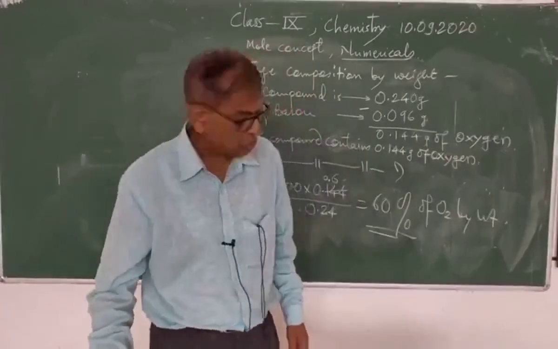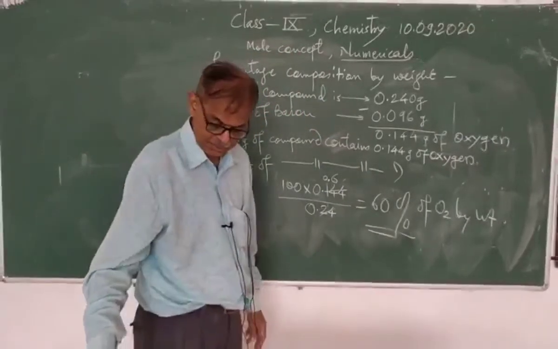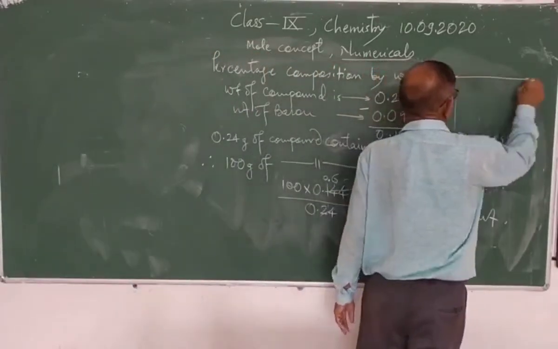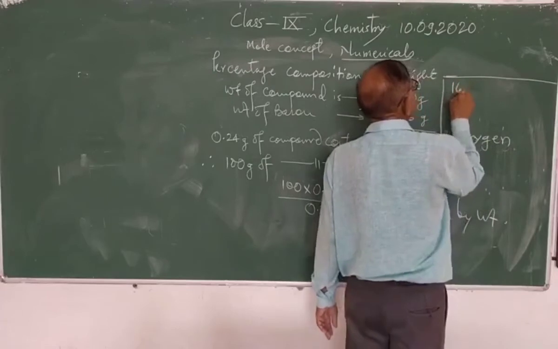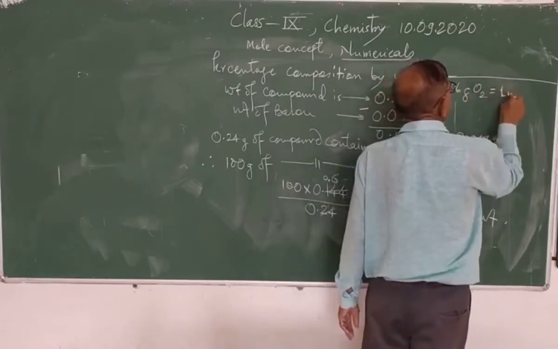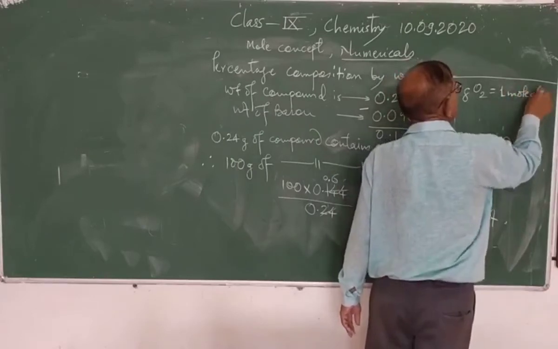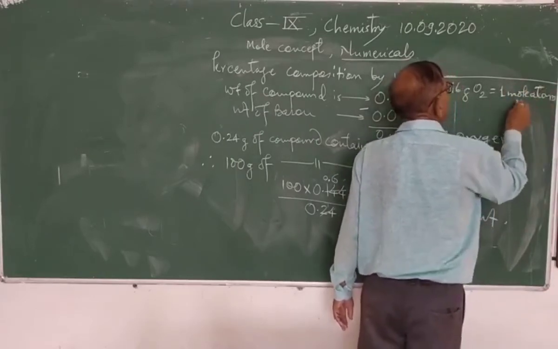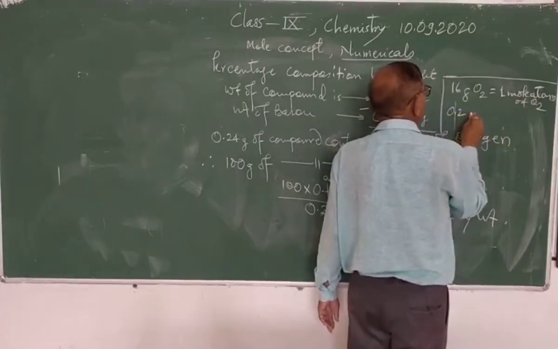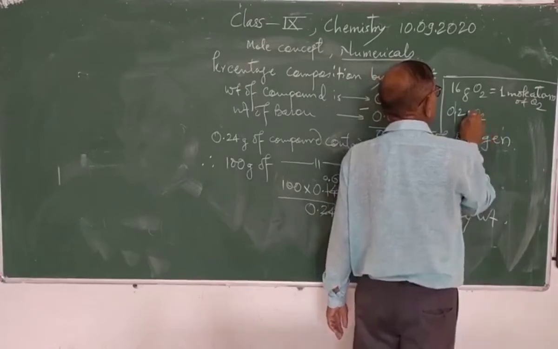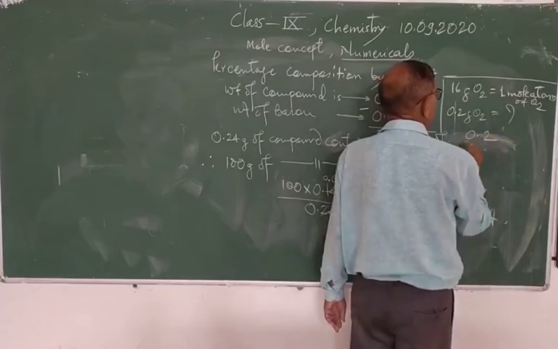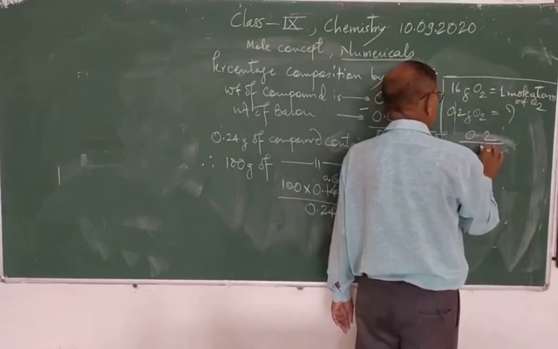So see, 16 gram O is equal to 1 mole atom of O, and hence 0.2 mole is equal to how much? We can calculate 0.2 divided by 16.